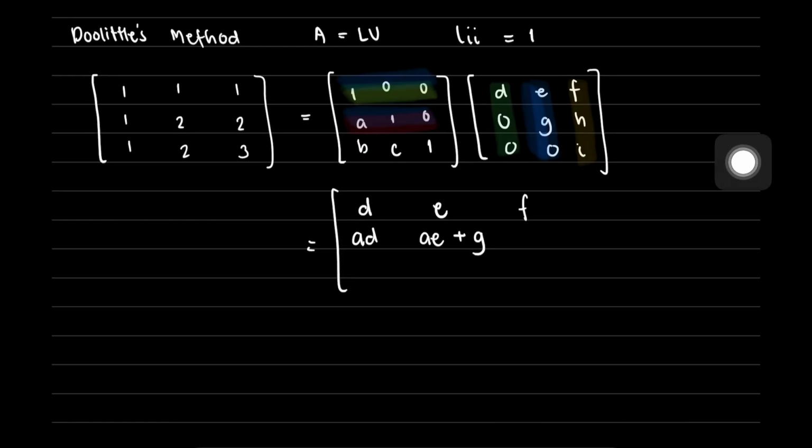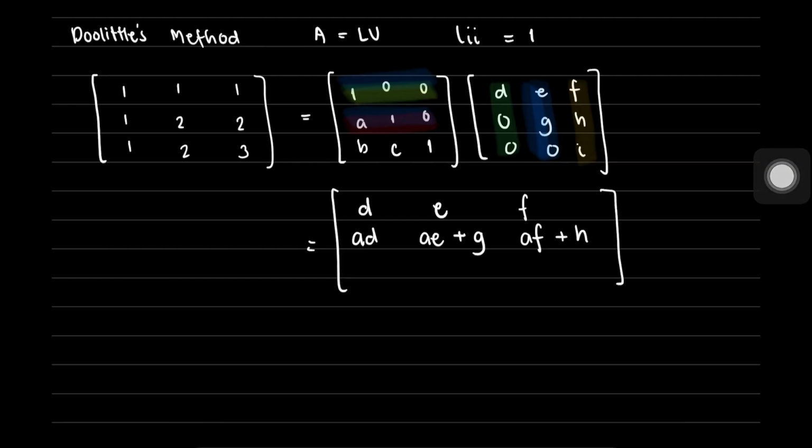Alright. Now, for the element here, we multiply the second row of the lower triangular matrix by the third column of the upper triangular matrix. So that would be A times F plus 1 times H and 0 times I. So that's basically AF plus H.